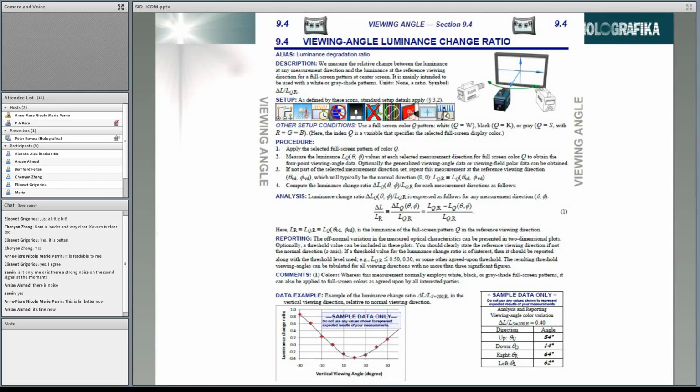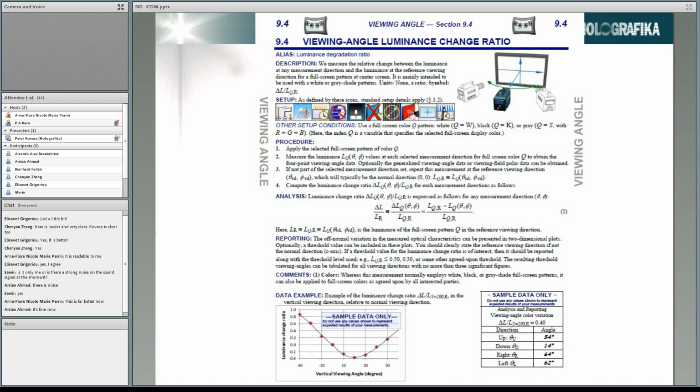As you can see, all the measurements have a standard layout. There is always a description, a procedure, analysis of the measured values, what needs to be reported, and usually an example output of how the result should typically look.